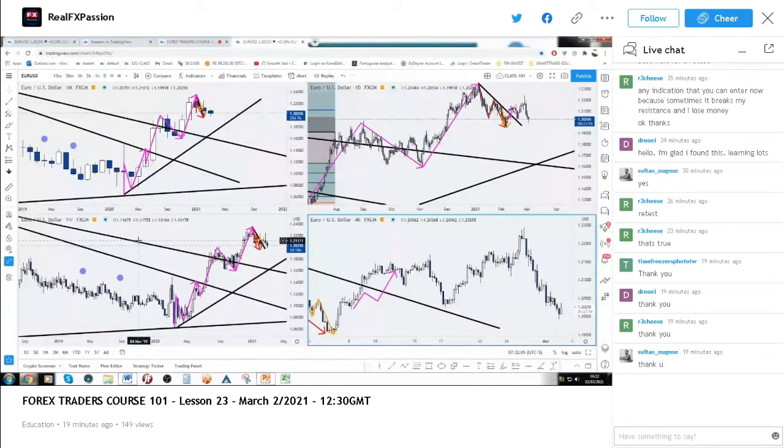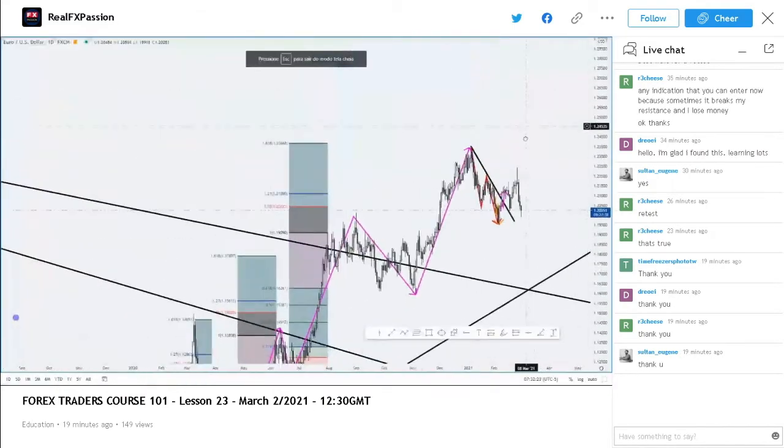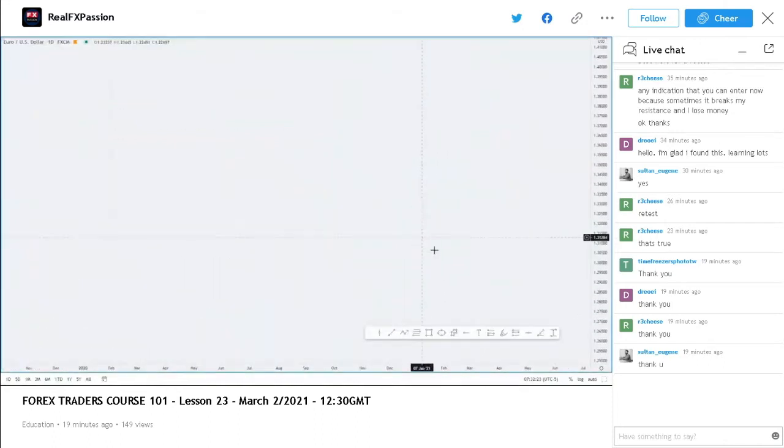And today's lesson 23, how to trade support resistance in a sideways channel or consolidation. Okay, so we are going to open a chart, something like this, everybody. So how to trade sideways channel or consolidation.